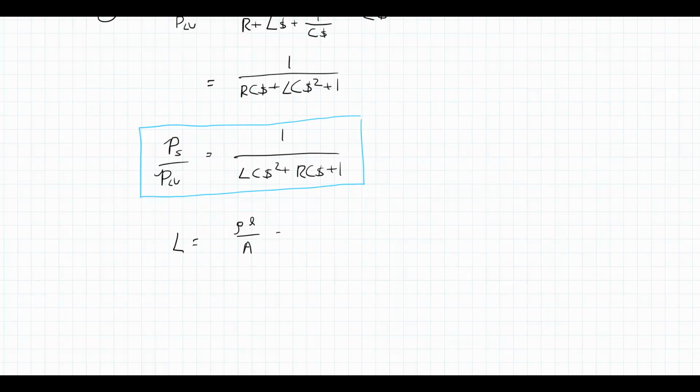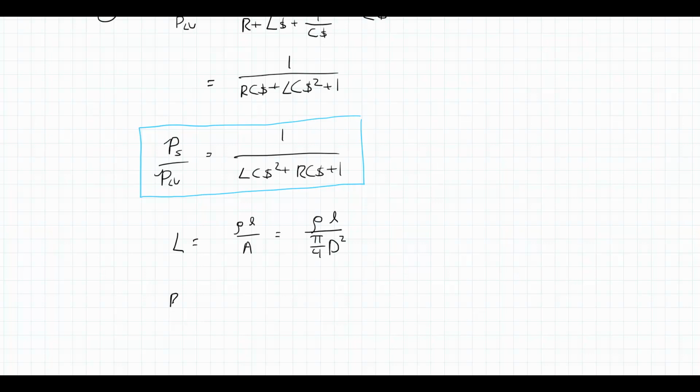So that's of the catheter. So the fluid, that's rho from the blood, the length of the tube we're using, and instead of A, I'm going to do everything in terms of the diameter of the catheter. So area is going to be pi over 4 d to the second power, d squared.